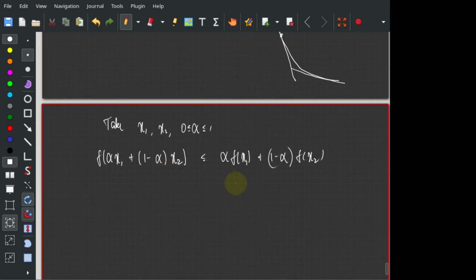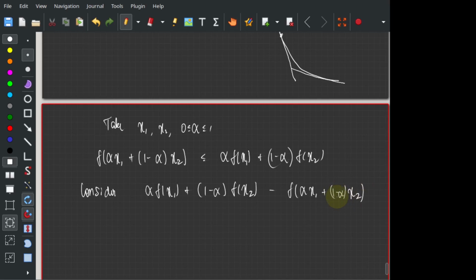So let me take the right hand side minus the left hand side: alpha f of x1 plus 1 minus alpha f of x2 minus f of alpha x1 plus 1 minus alpha x2.